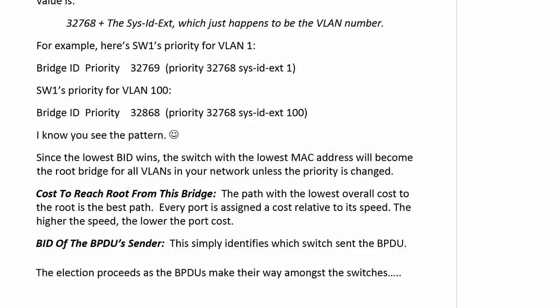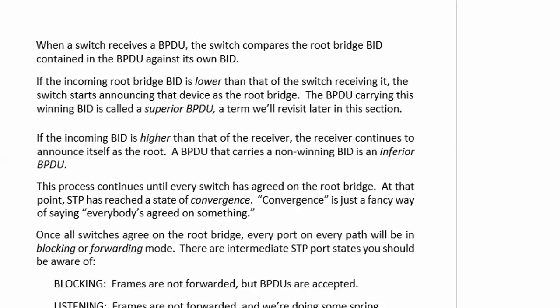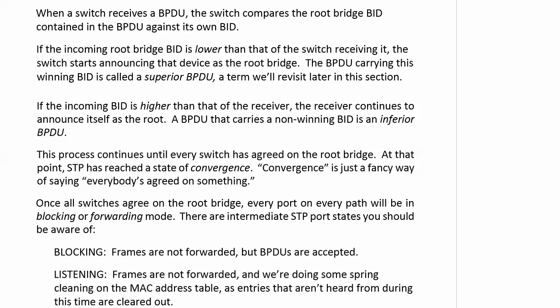Now, the election proceeds as the BPDUs make their way among the switches. And here are the two possibilities right here, because when a switch gets a BPDU, it looks inside of it and compares the root bridge bid contained in that BPDU against its own. There are only two possibilities here. It's either lower or it's higher.